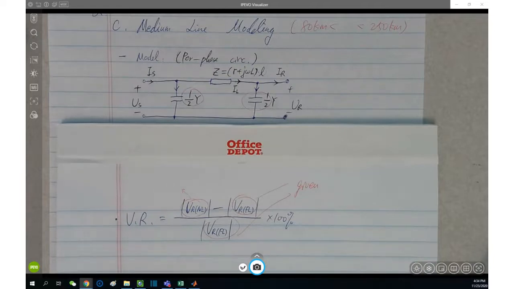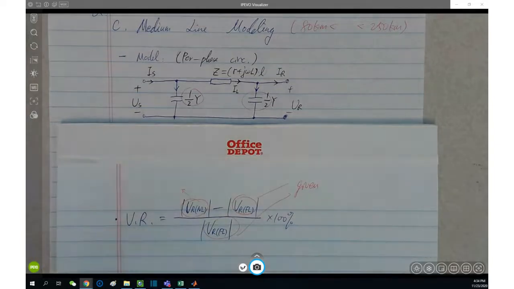Because we have a different circuit, don't forget it was equal to VS in the short line model because of the short line model circuit. And here, what is it equal to? It depends on the line model circuit.